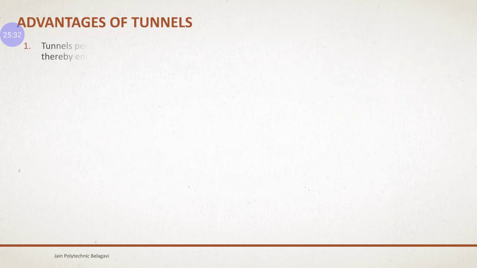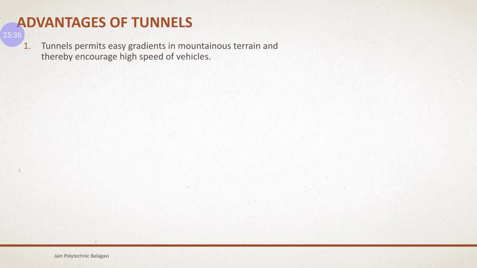Next, tunnels permit easy gradients in mountain terrains and thereby encourage high speed vehicles. If you have gone to the coastal areas, it might be Goa, it might be Mangalore, right?